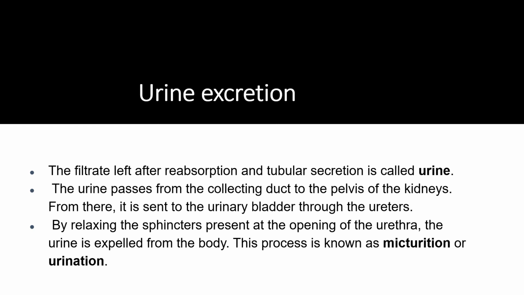This process of expelling urine from the body is called micturition, or urination, and you can say it is the voiding of urine. I hope you understood the process of urine formation and its excretion.